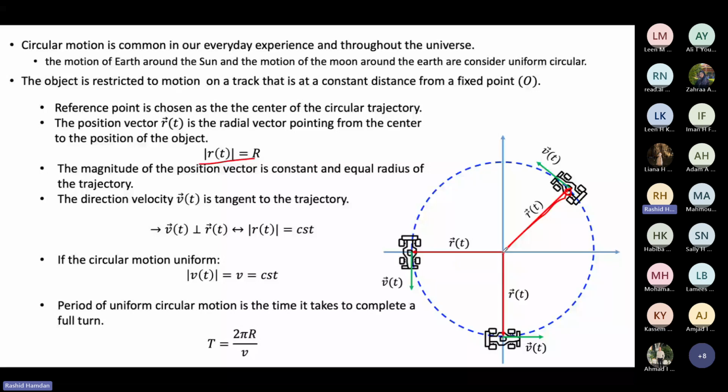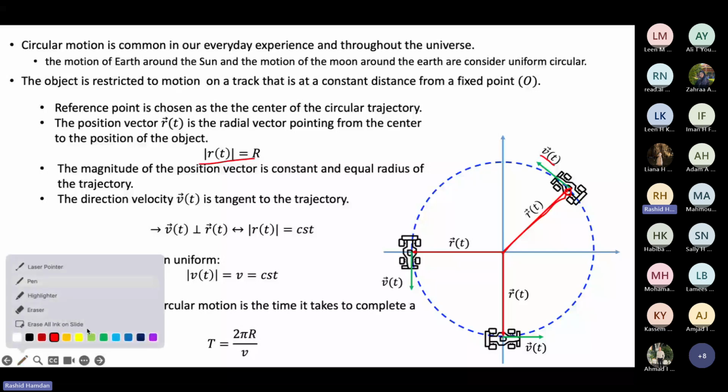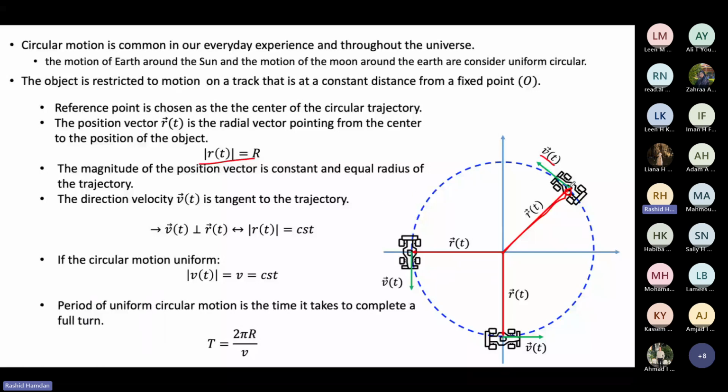Now, the velocity gives me the direction of motion. I'm moving on the track, so I'm moving parallel to the track. So the velocity is tangent to the track. So this is the velocity vector. It is tangent to the trajectory. So to stay on the circle, the position vector and the velocity vector have to always be perpendicular to each other.